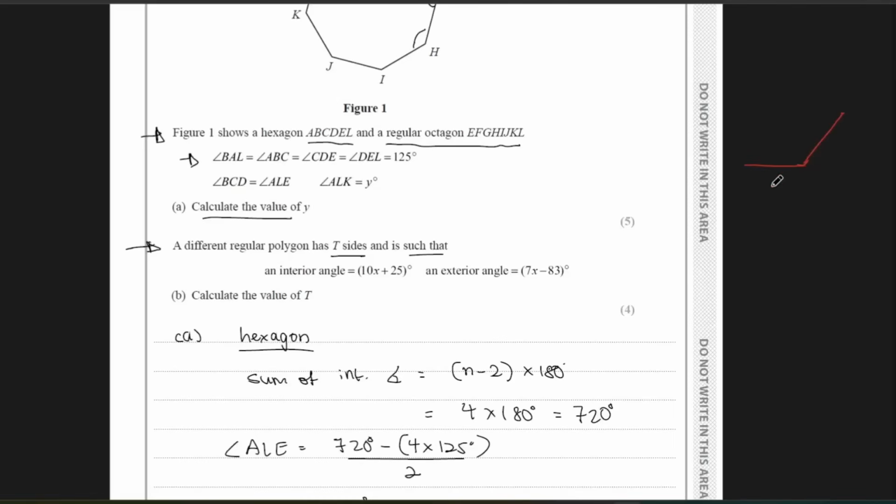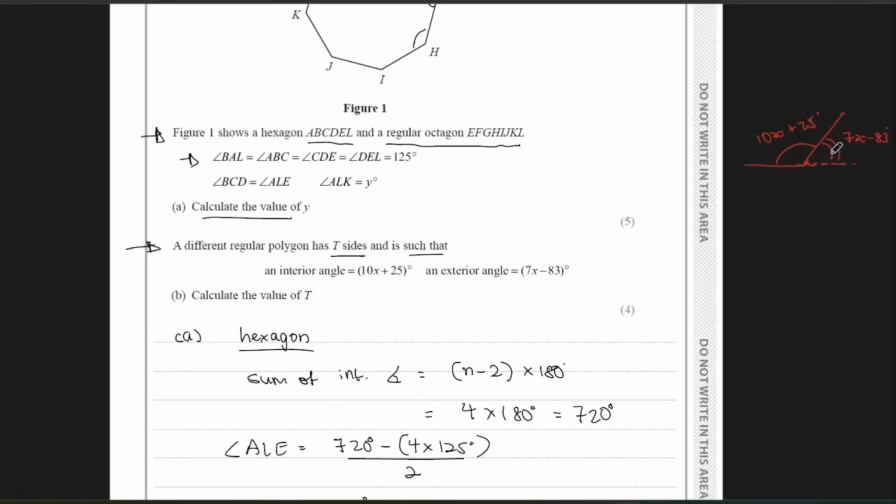Let's assume we have this section of the polygon. This would be the interior angle, which is 10x plus 25 degrees. And this extension will help us visualize the exterior angle, which is 7x minus 83.